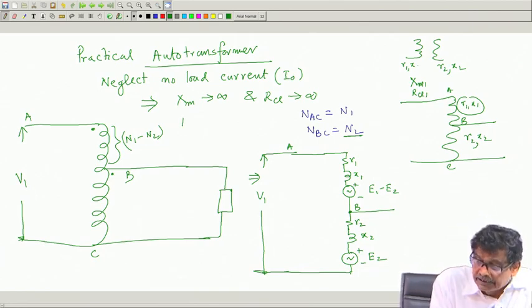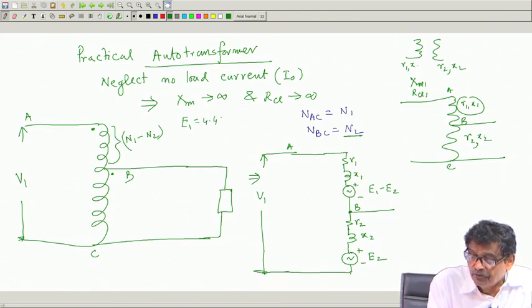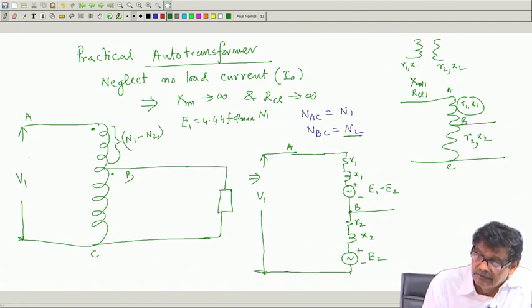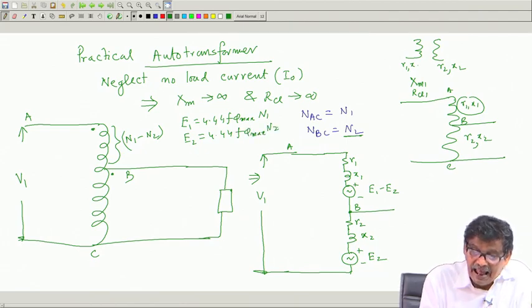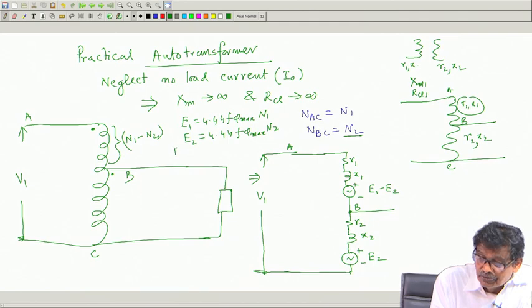So, let me write E 1 is equal to 4.44 A phi max into N 1, whatever it is total between these two turns. E 2 is equal to 4.44 A phi max N 2, and if I say what is the induced voltage between A and B, here what will be the induced voltage?